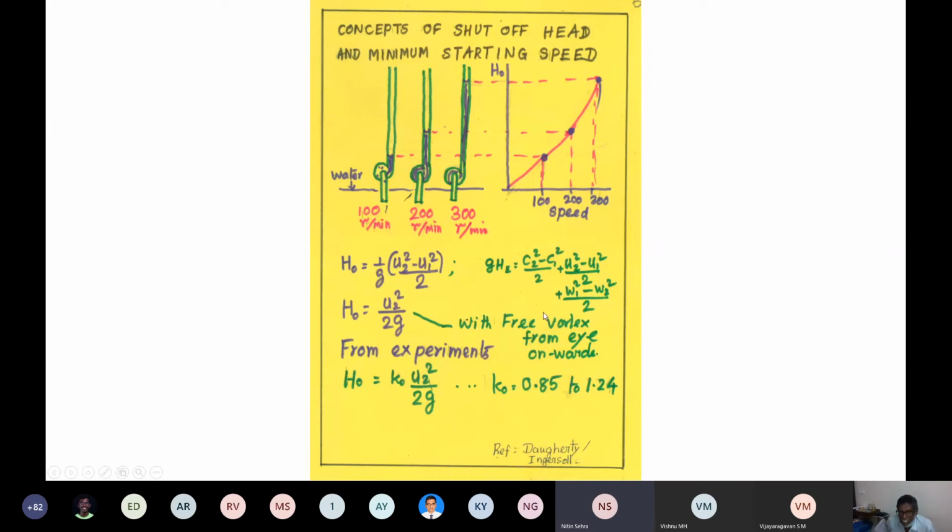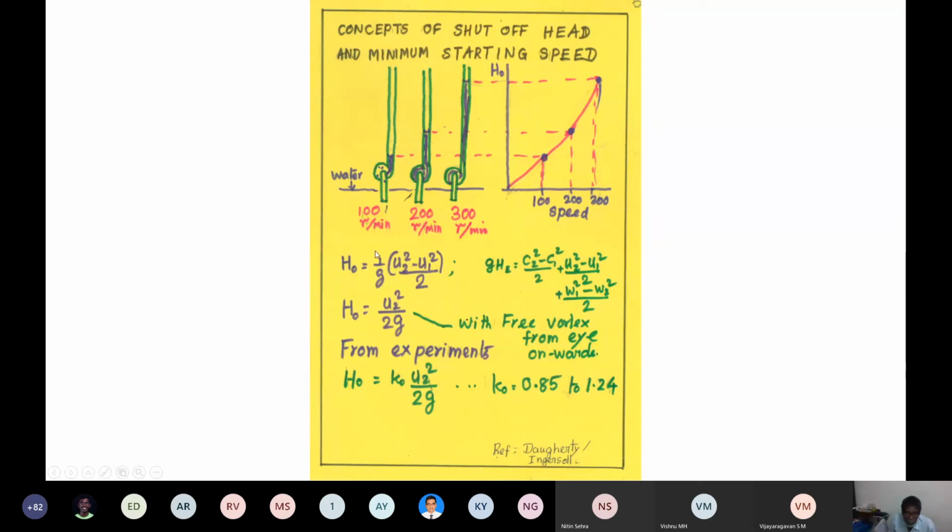So the first term will be 0, the last term will be 0. What you get is (U2 square minus U1 square) by 2. Simple. In the Euler equation, where the specific work is expressed as a sum of three effects, the first one and last one will be 0 for this shut-off head situation because there is no flow at all. So you have only (U2 square minus U1 square) by 2.